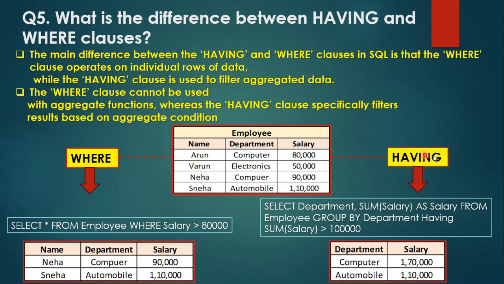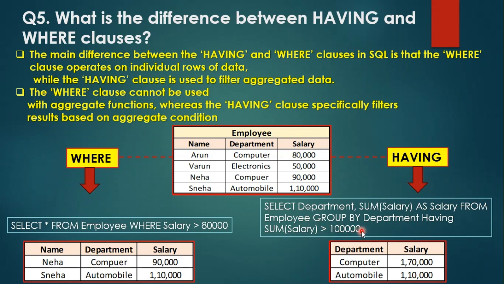Then the having clause is used whenever we are performing an aggregation function. In this query: select department ID, sum of salary as salary from employee group by department having sum of salary greater than 1 lakh.